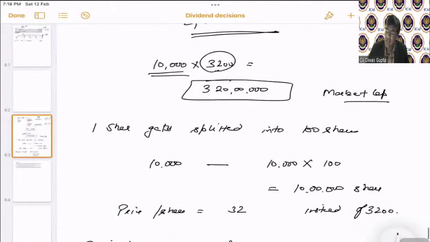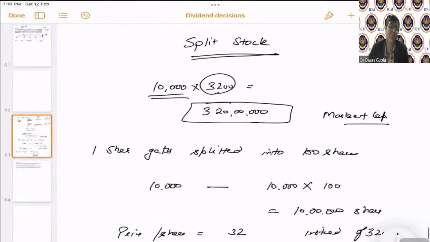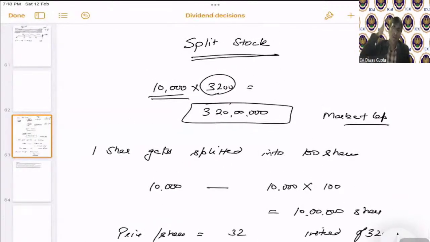Although, students, there are other ways and means which are actually part of our CA final. For example, if you can't invest 3,200 rupees in one share, you can opt for futures and options. You can still deal in a share of 3,000, 4,000, 10,000 without actually investing that money into that share.